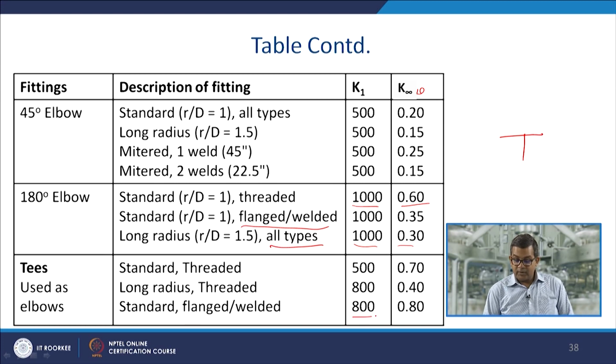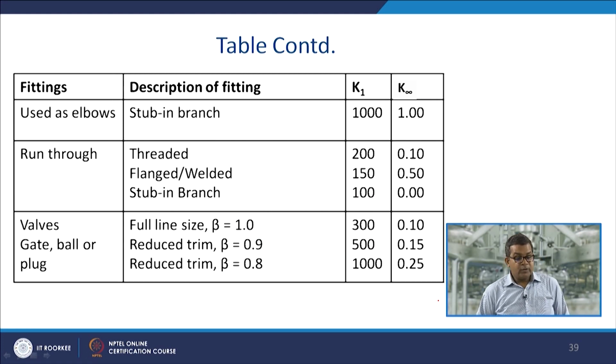For this we have 800 as K1 and K infinity is 0.80. Similarly, sometimes fittings are used as an elbow, that is a stub-in branch. So for them the K1 is 1000 and K infinity is 1.0.